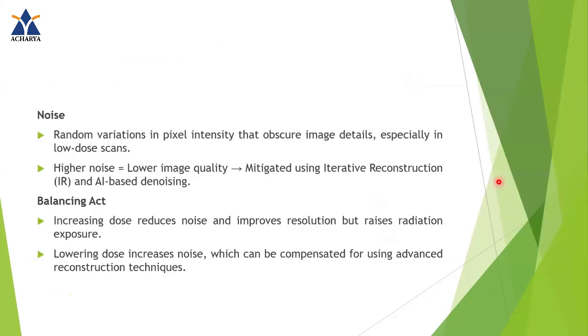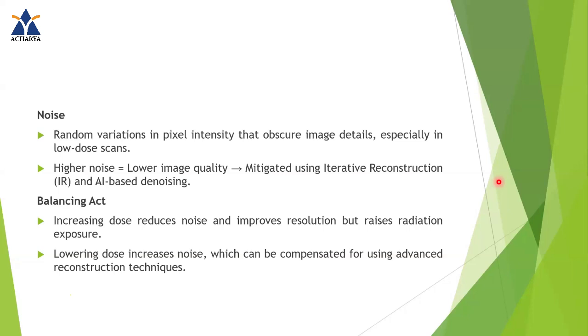Then noise: random variations in the pixel intensity that obscure the image details or hinder the image information are called noise. It especially happens in low dose CT scans, where low energy X-ray photons might reach the detector and be used in the image reconstruction.